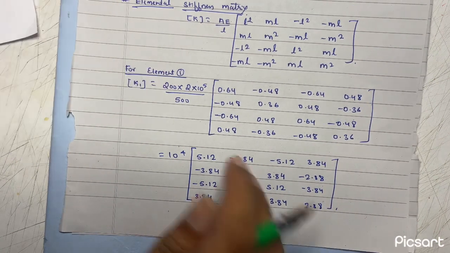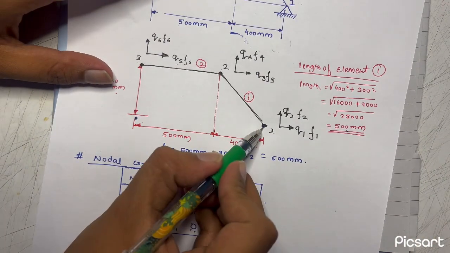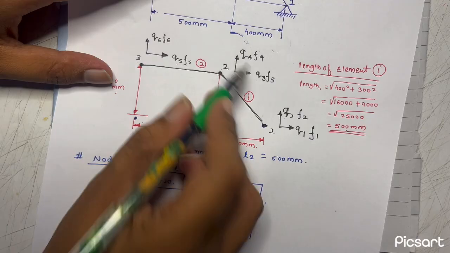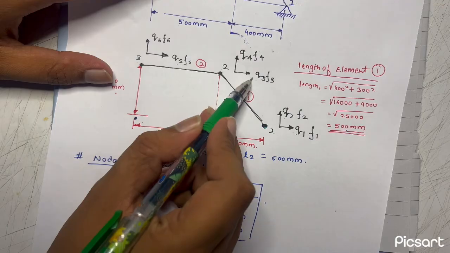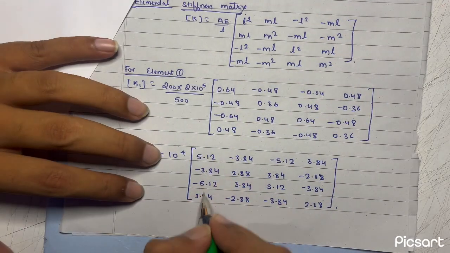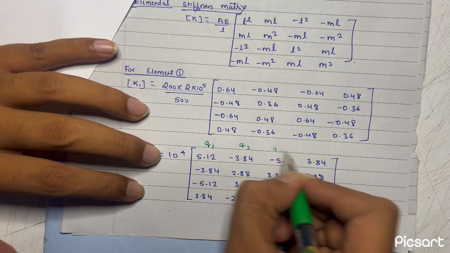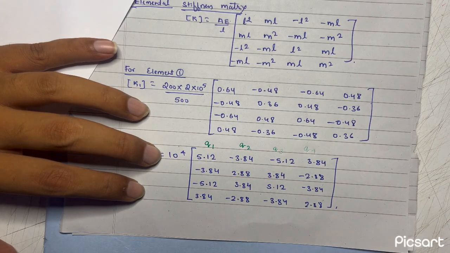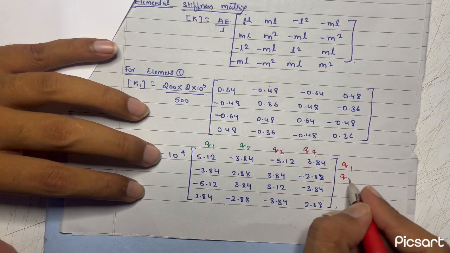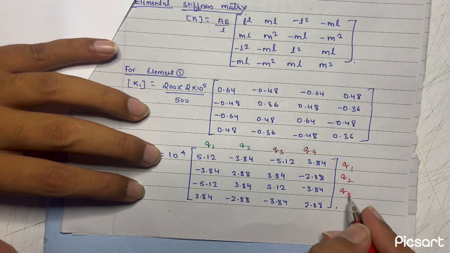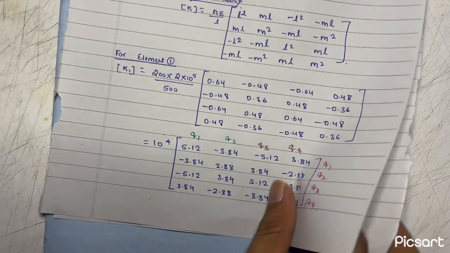You observe this carefully. Element 1 is related to Q1, Q2, Q3, Q4 in order, because node 1 consists of Q1, Q2, and node 2 consists of Q3, Q4. So the first column is related to Q1, the second to Q2, then Q3 and Q4. Similarly, the first row is Q1, then Q2, Q3 and Q4.